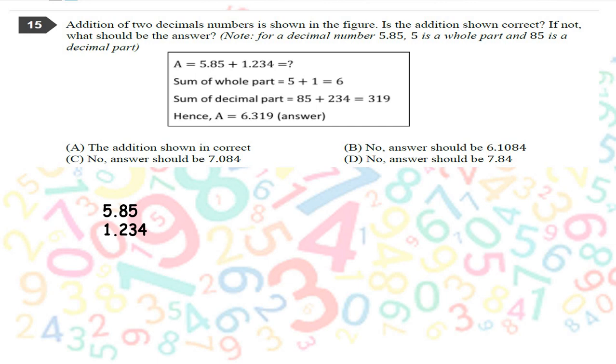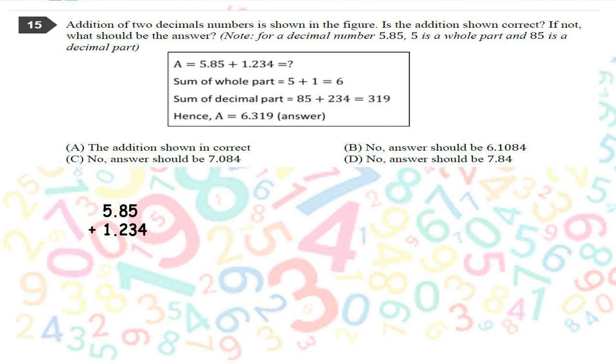That means all the places should be placed below each other. Like for example, the place just after the decimal point is the tenths place. So tenths place of both the numbers should be below each other. But in the addition shown in the figure, it is wrong.